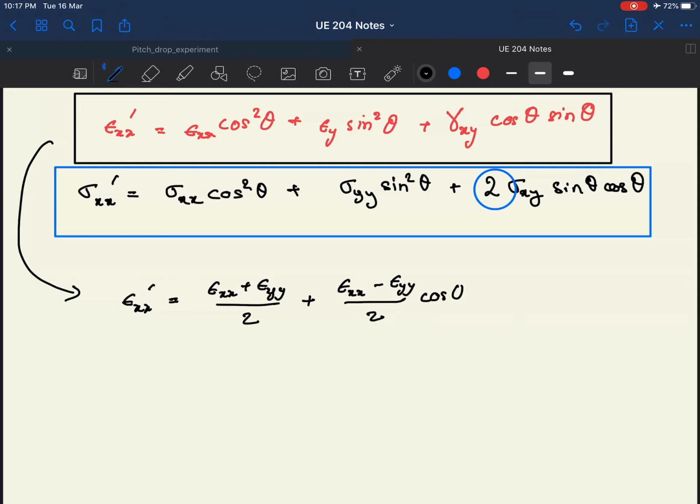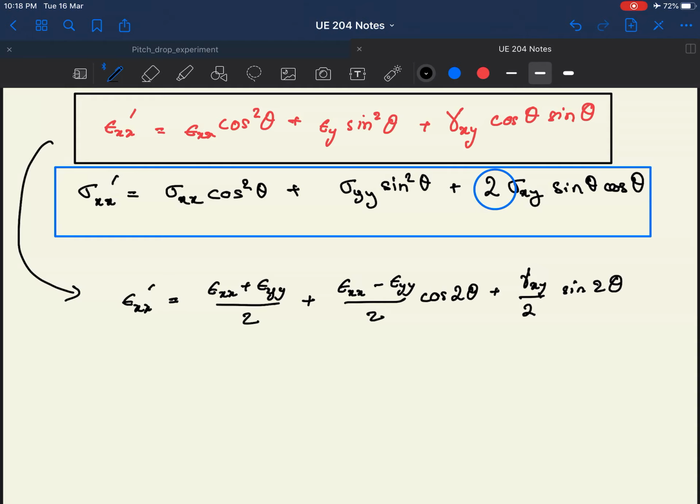Of course, the similarity should not come as a surprise. They're just tensors. They're just going to transform the same way. So in fact, if you were to just look at the strain tensor, then this form becomes rather obvious, right? That this is going to transform like this, right?